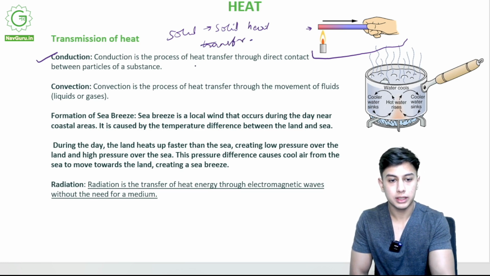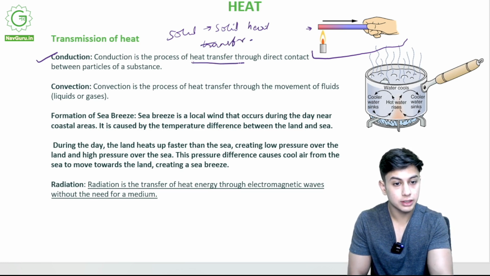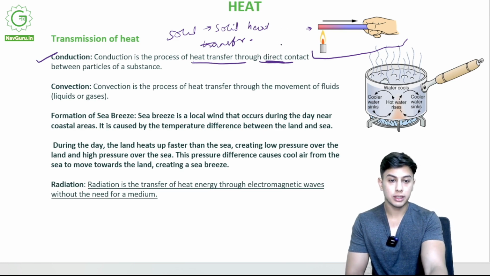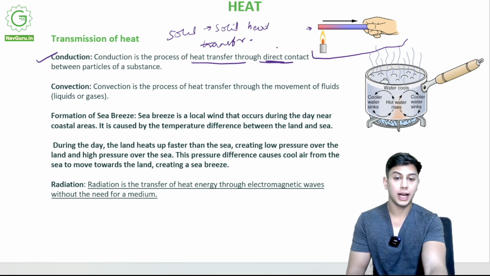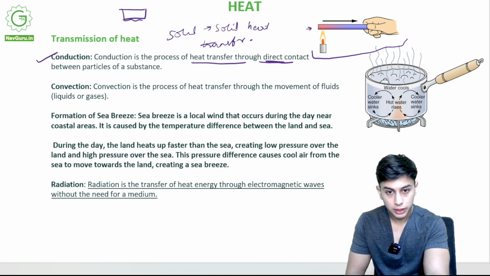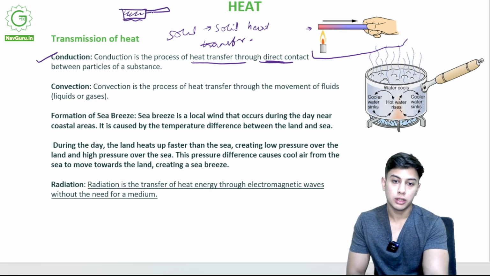Conduction is the process of heat transfer through direct contact. You've seen conduction ovens, your gas stove. You need contact between the vessel and fire.